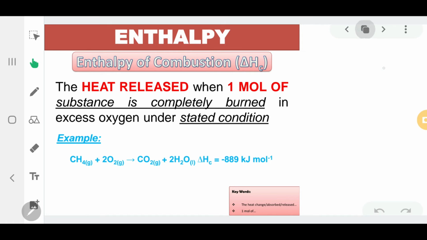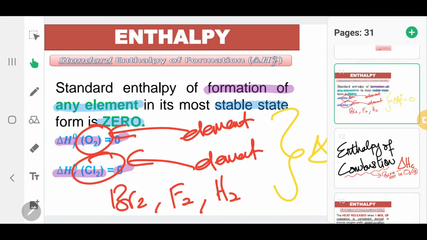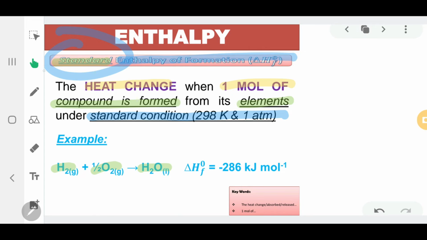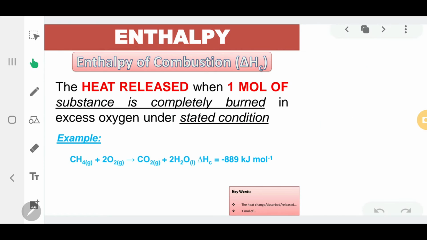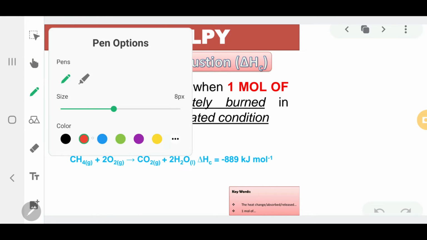If you compare with enthalpy of formation, there we say heat change, because not all of the formation reactions release heat; some absorb heat. However, when you burn something, all combustion processes will release heat.